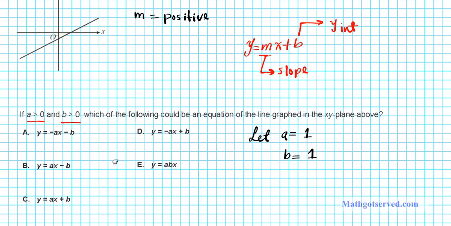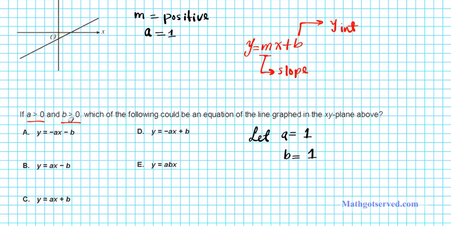So if you look at the options that we have, M is occupying the A position. Okay, so if M, which is the slope, is positive, that means A has to be positive also. So A could have a value of 1.